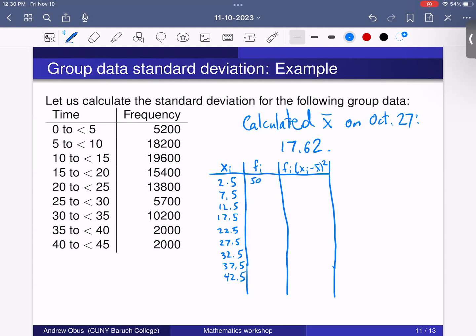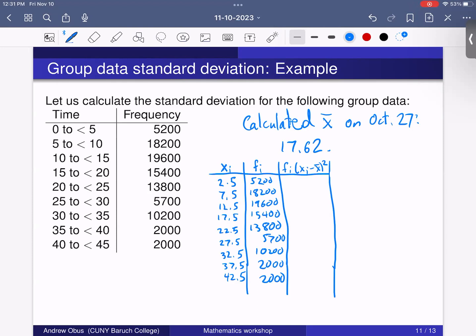The frequencies are just the same frequencies that we read off from the table. So this is just 5,200, 18,200, 19,600, 15,400, 13,800, 5,700, 10,200, 2,000, and 2,000.